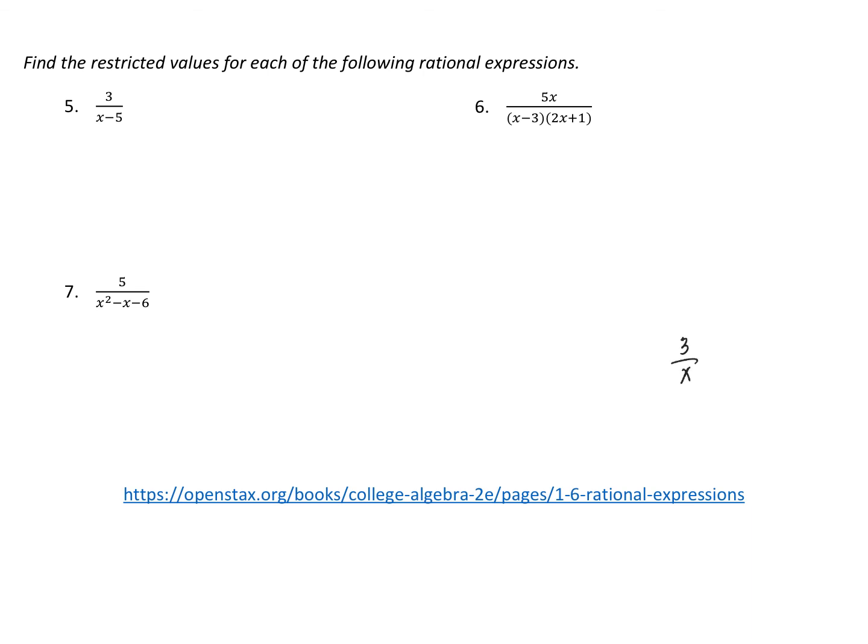If I had this rational expression and I wanted to know what is it not okay for me to sub in for x, well, x cannot be 0, right? If I say, hey, x is 0, then that's going to make the bottom be 0. And I don't want the denominator to be 0. So x cannot be 0 is a restriction.